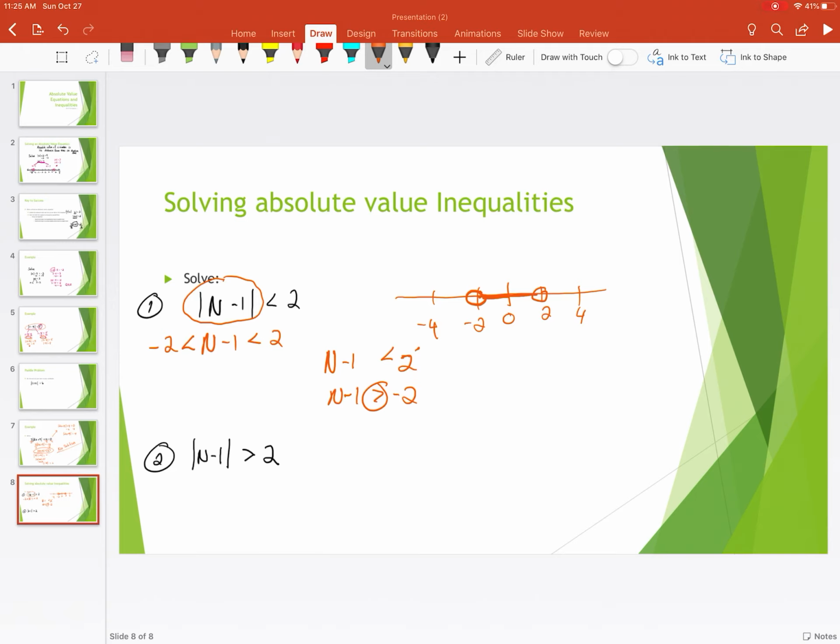But now why did I flip the sign here? Why would I flip that sign? Because what did I have to do to get a negative number over here? I had to divide through by negative 1, right? So we end up with a compound inequality, and this is called an AND inequality.